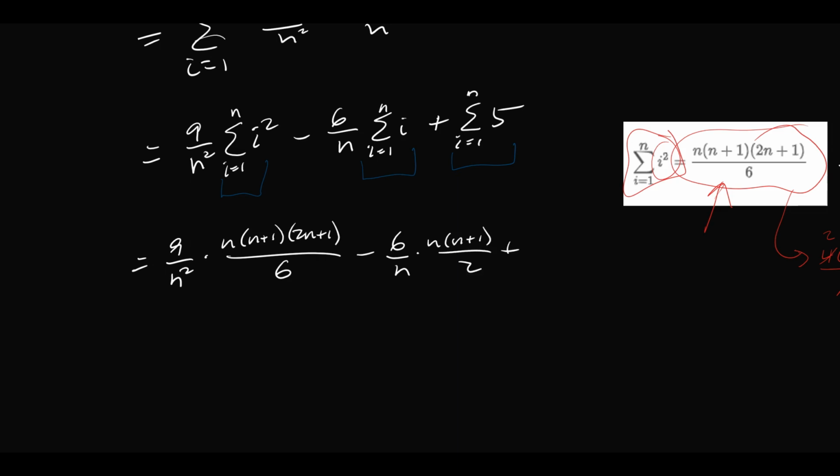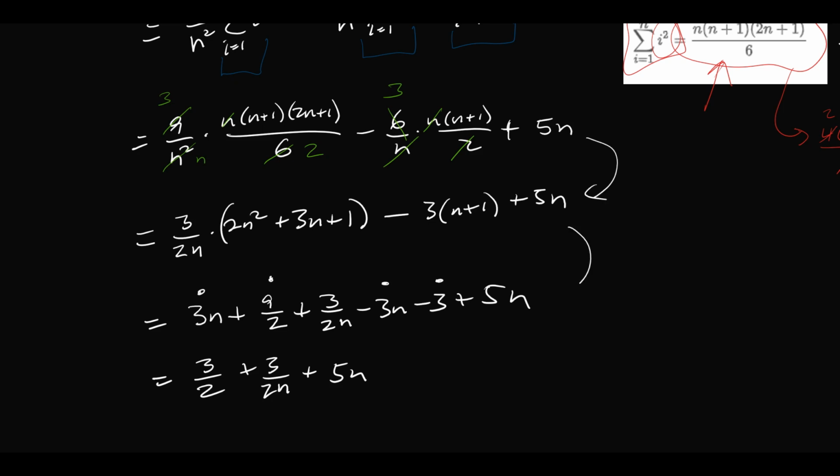And then this, if you have a constant, it's just 5 times n right there. All right, so that gets rid of the sigma notation. And now you just clean it up. All right, so I cleaned it up. A little bit of algebra going on here.